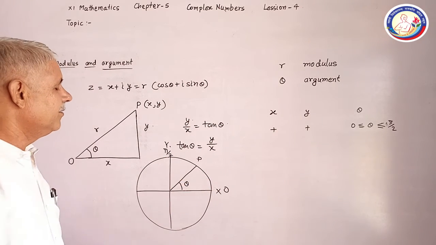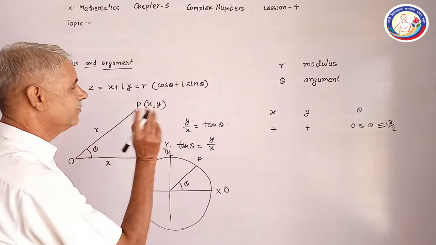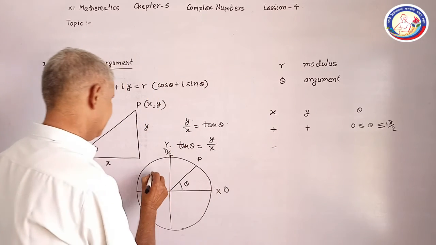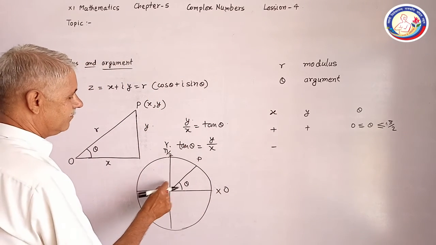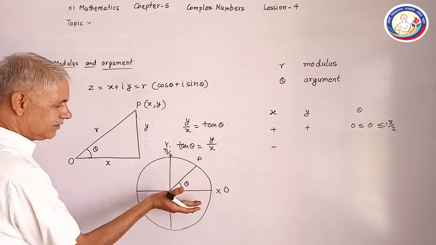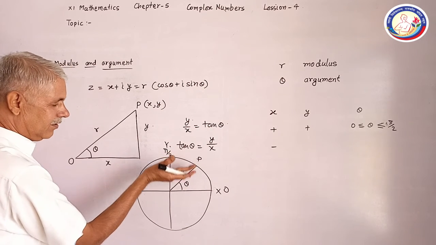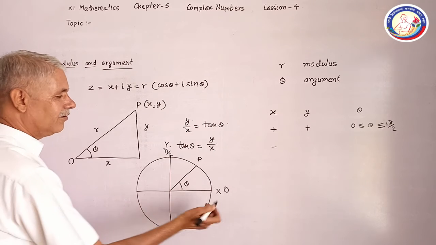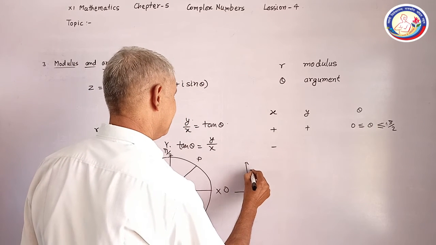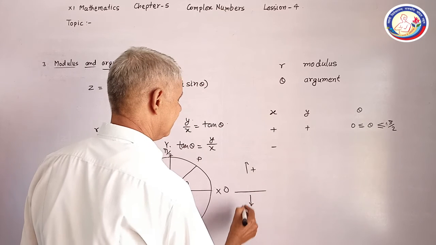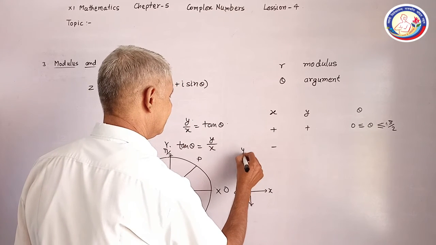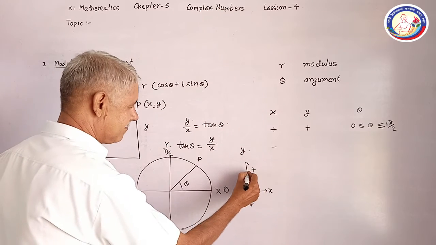And if x is negative and y is positive, above the x-axis, y is always positive. Below the x-axis, y is always negative.